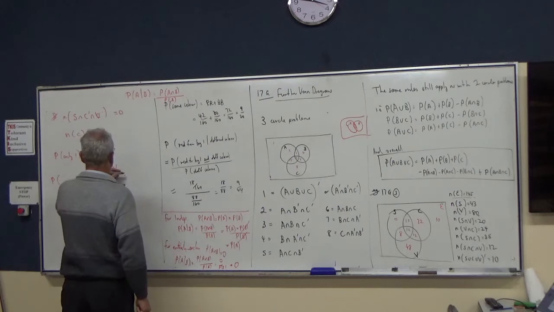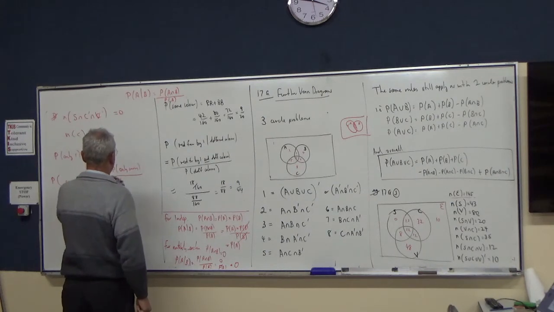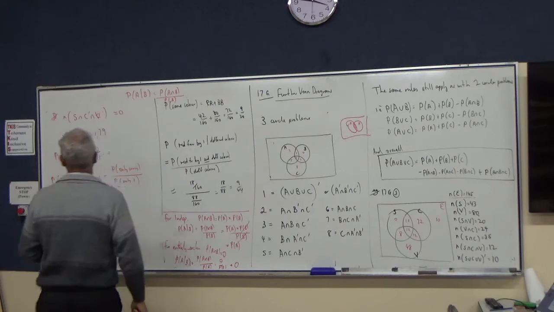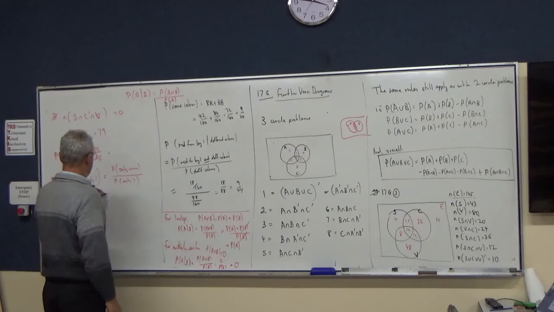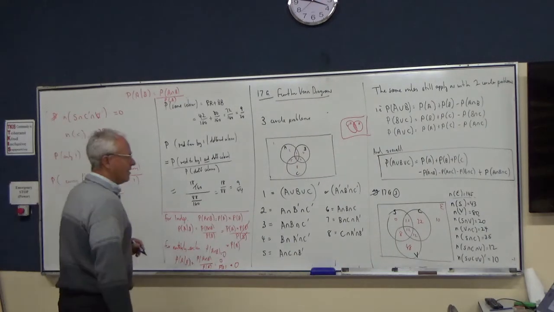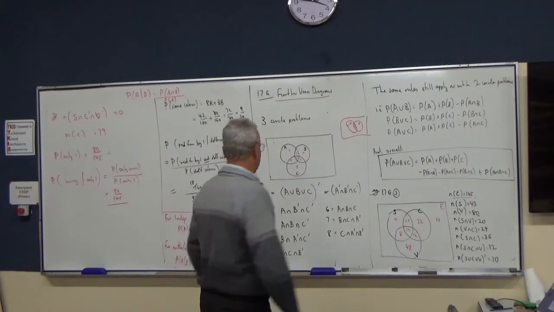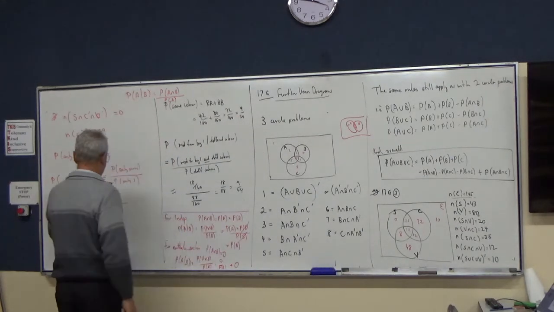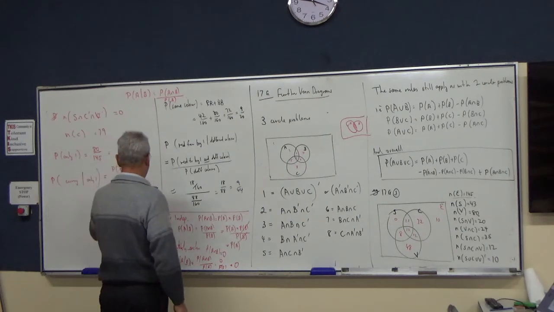Is the probability of only curry over the probability of only one. Probability of only curry is 32 out of 145, over the probability of only one, we've already worked out that's 80 out of 145. So we're left with 32 out of 80, or 4/10, 0.4.